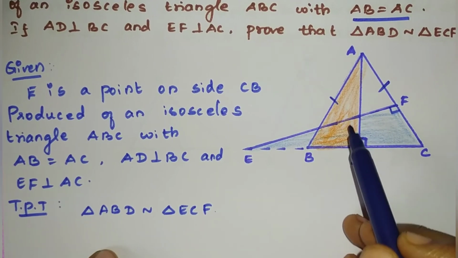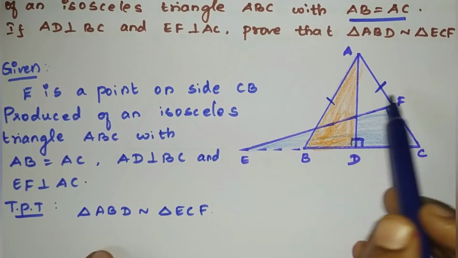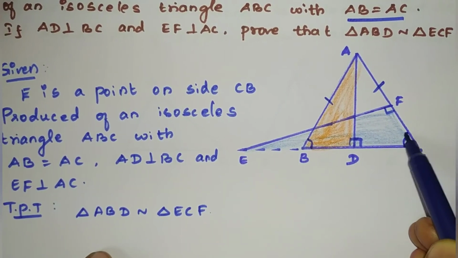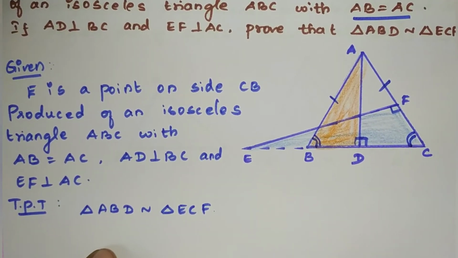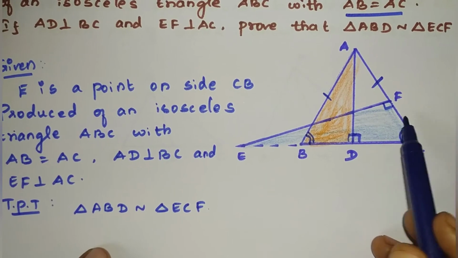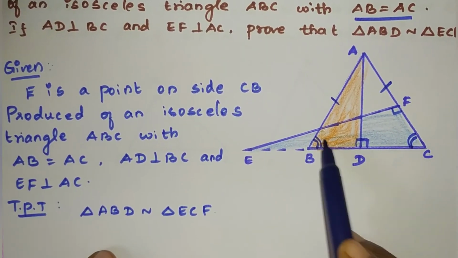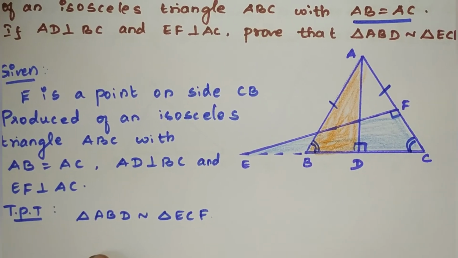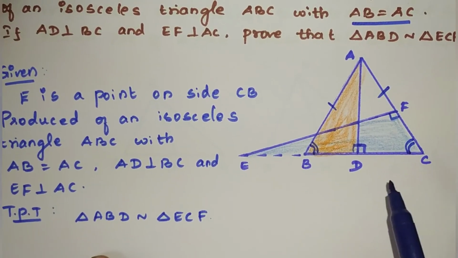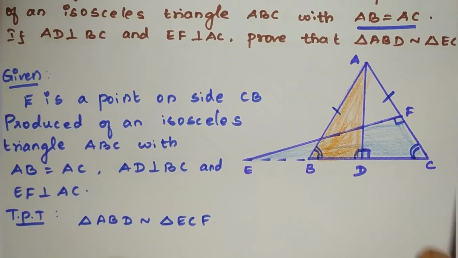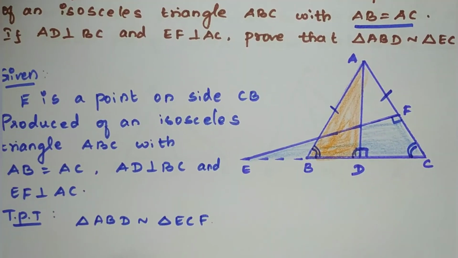I'm going to apply that. Angles opposite to equal sides are equal. So now by AA similarity criterion, we can prove that the two triangles are similar. Clear? Here we know that this angle and this angle is 90 degree, and they said AB is equal to AC.